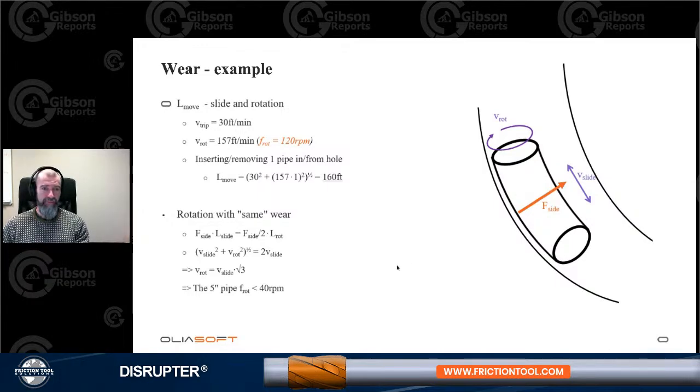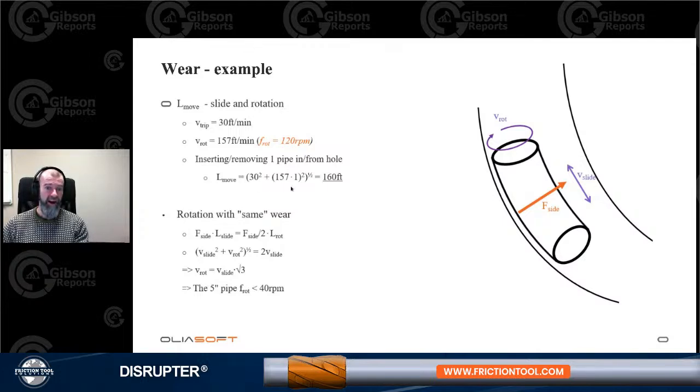So just a little example on how we can figure out this movement length. If we take our previous example with a rotation of 120 RPM and a tripping speed of 30 feet per minute, and we calculate the total length this will move, we get a totally different L move value compared to the 30 feet that we would have gotten if we were not rotating.